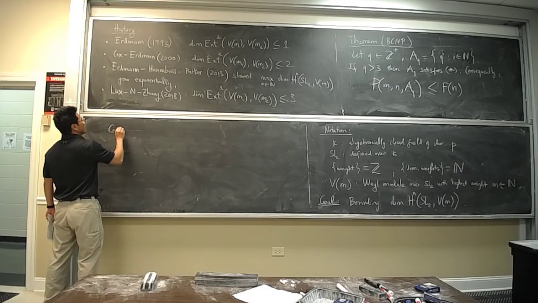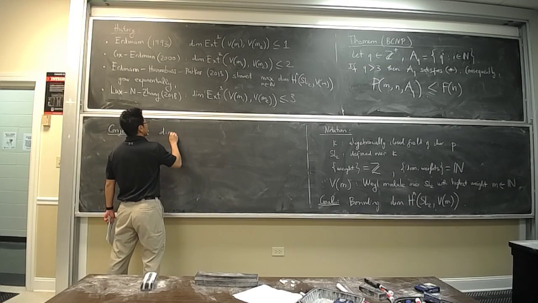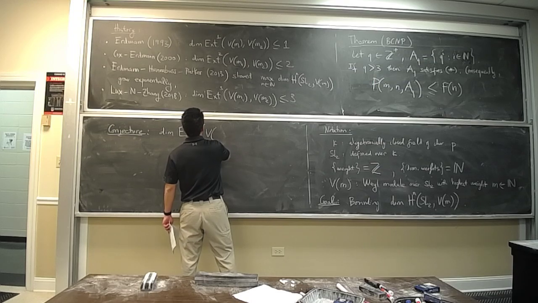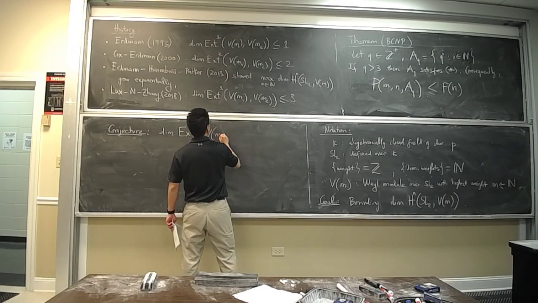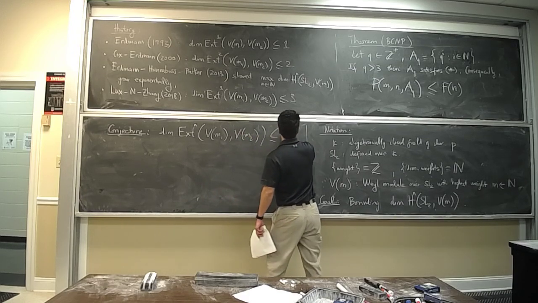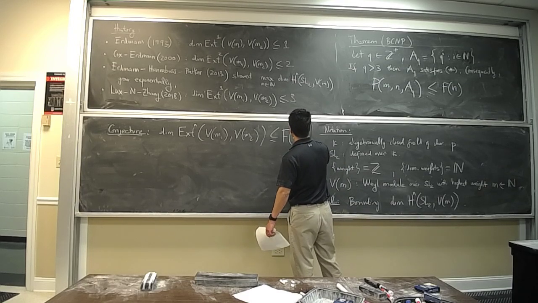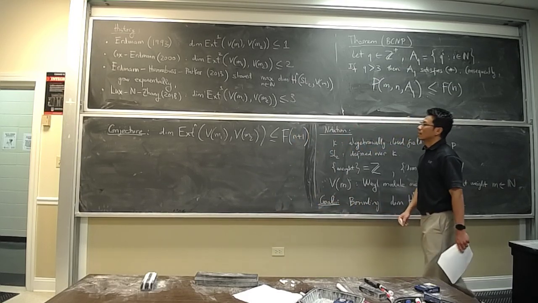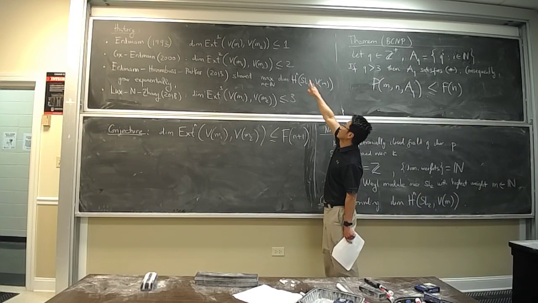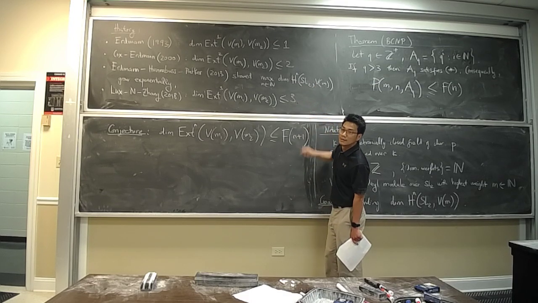So we made a conjecture that the dimension of the degree n extension between Weyl modules is less than or equal to the n plus 1 Fibonacci number. If you look back there, 1 is f sub 2, 2 is f sub 3, and this is f sub 4.